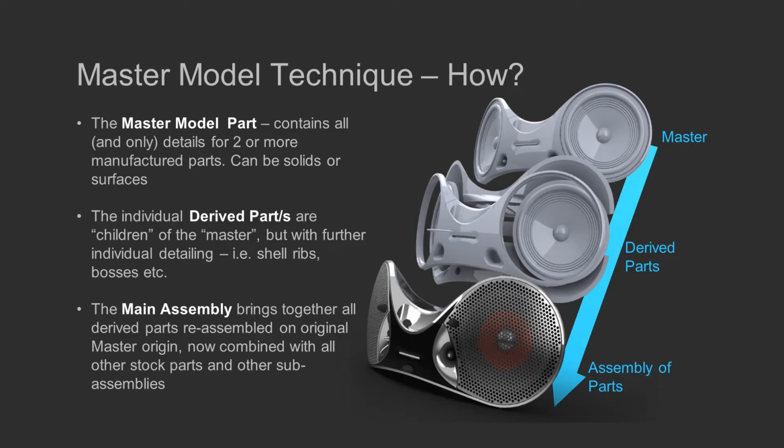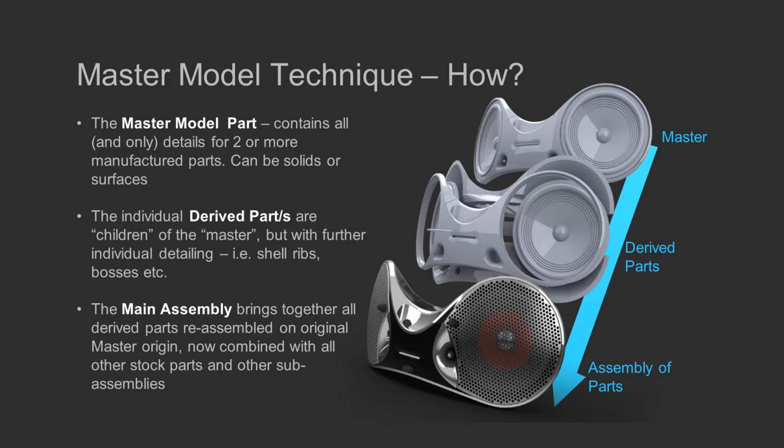Just as a review, master model is basically the ability to insert one base part into other derived parts parametrically. It's used, especially for consumer product design, when you have a main form that is the identity of the design, but you need to split it up into its various components for manufacturing.